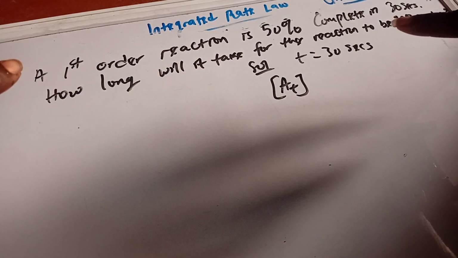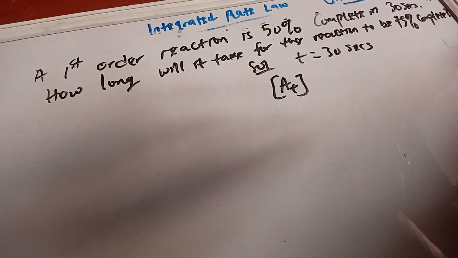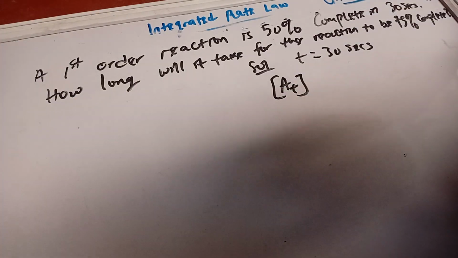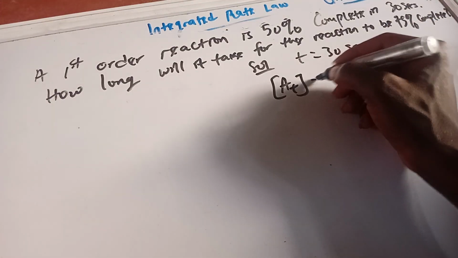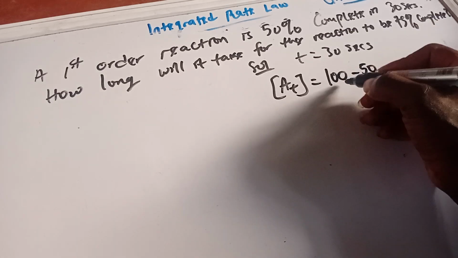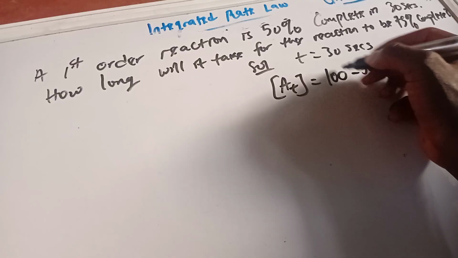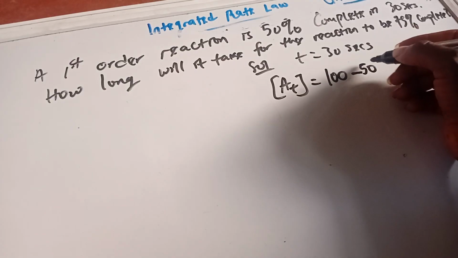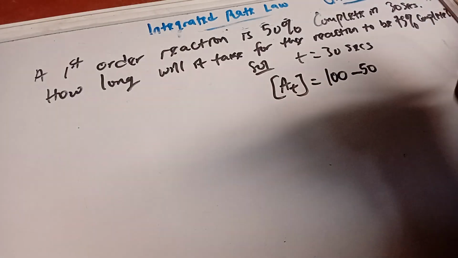So now a first order reaction is 50% complete. If it is 50% complete, that means there is 50% that is incomplete. So that incomplete is equivalent to the concentration that we should have. So now our concentration at a particular time t will give us 100% minus 50%, the initial concentration, which must be 100%, minus the complete 50% to give us the incomplete 50%.